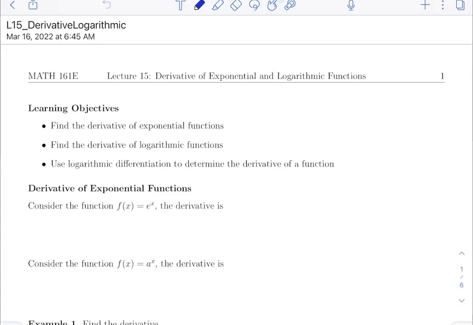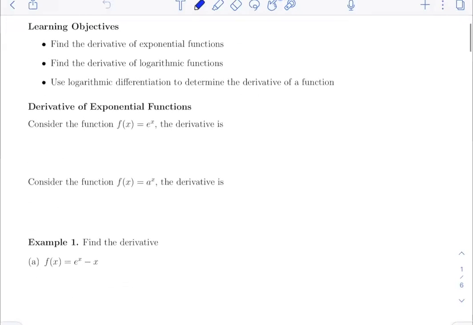First of all, let me go back and revisit the idea of derivatives of exponential functions. We learned before that if you have a natural exponential function, f of x equal to e to the x, the derivative of this function is f prime of x equal to e to the x. So the derivative of e to the x is e to the x itself.